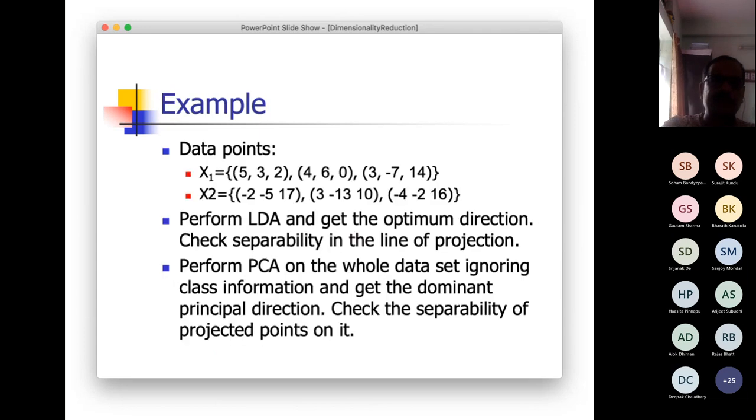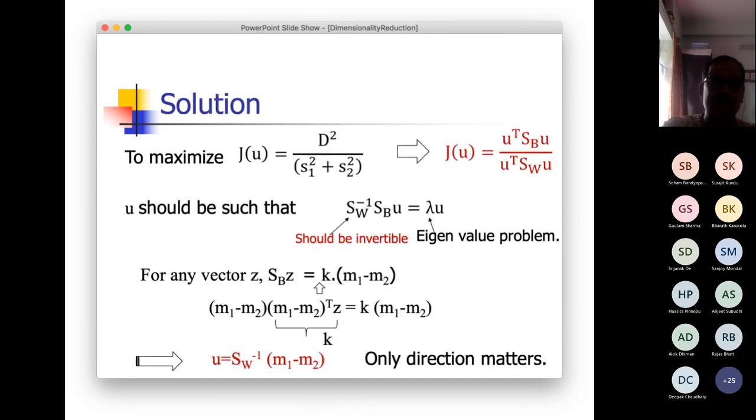So one computational example that I'll be considering. As you see, computation-wise, you have to compute these factors for finding the solution here. You have to compute the inverse of the within class scatter matrix, which means once again covariances, or I should say covariance into the number of samples.